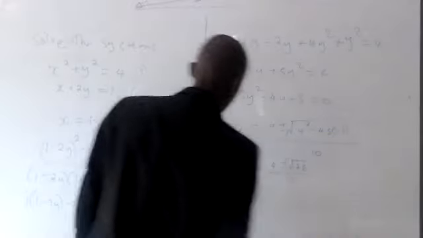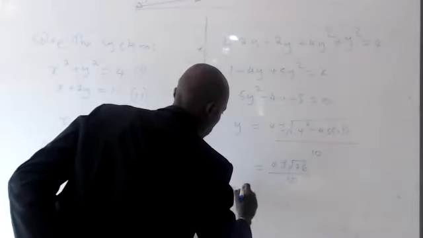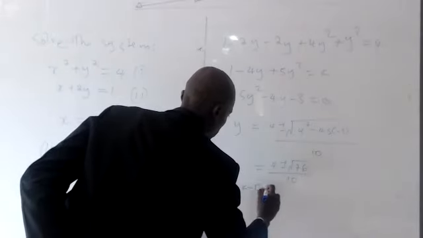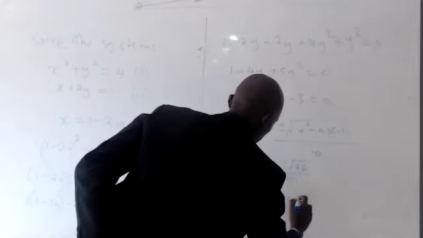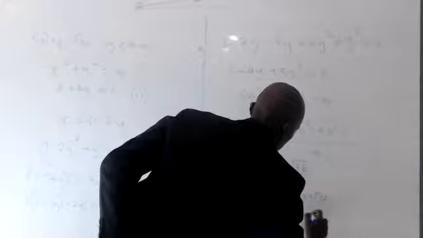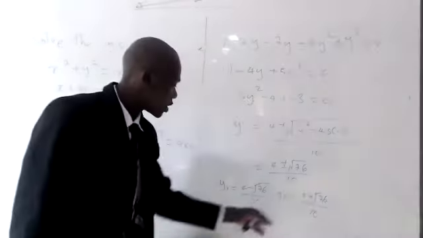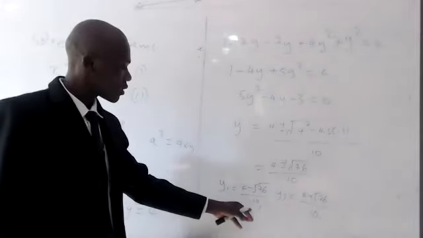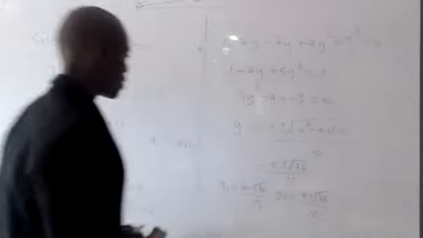Divided by 10. So the first value of y is 4 minus square root of 76 divided by 10. The second value of y is 4 plus square root of 76 divided by 10. So a quadratic equation will have two roots, and these are the two roots.